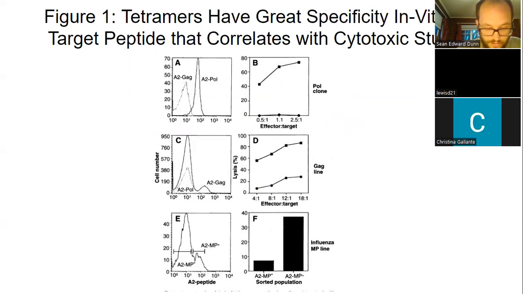Figure 1A shows where they stained a CD8 T cell clonal population specific for the POL peptide separately with either GAG or POL tetramer. They were able to count all the T cells in each stain challenge and saw very low fluorescence for the GAG staining, presented by the dotted line, indicating the T cell TCRs did not bind to the tetramer, and much greater fluorescence for the POL tetramer, presented by the solid line, indicating the T cell TCRs did bind.